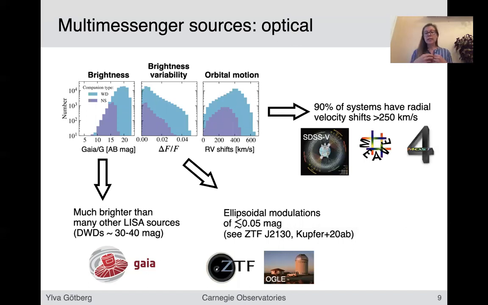We also expect a high radial velocity shift, since the stars are orbiting really fast in the binary, with a very short orbital period. And in 90% of the cases, we expect the radial velocity shift to be higher than 250 kilometers per second. So that will be exciting for upcoming spectroscopic surveys, for example, such as SDSS-5.